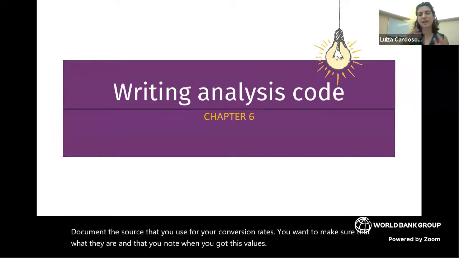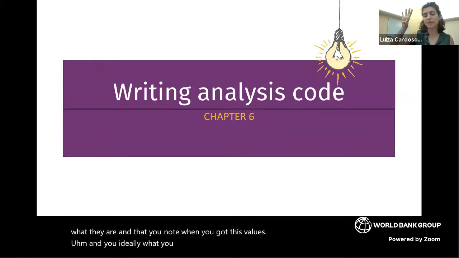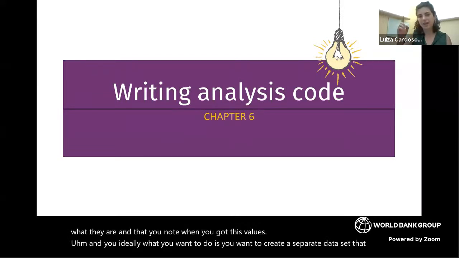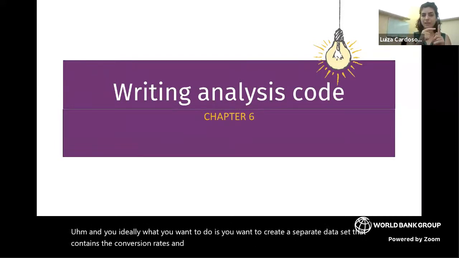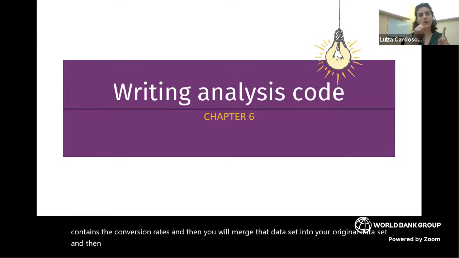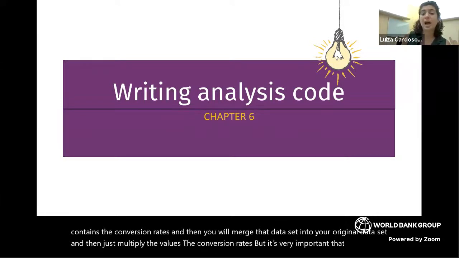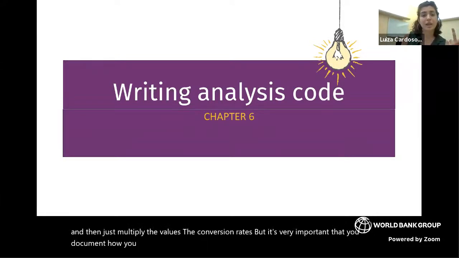And ideally you want to create a separate data set that contains the conversion rates, and then you will merge that data set into your original data set, and then just multiply the values by the conversion rates. But it's very important that you document how you got the conversion rates and where you got them from.